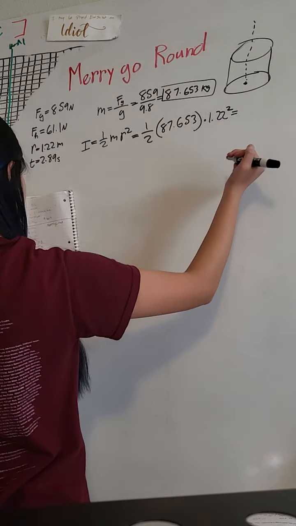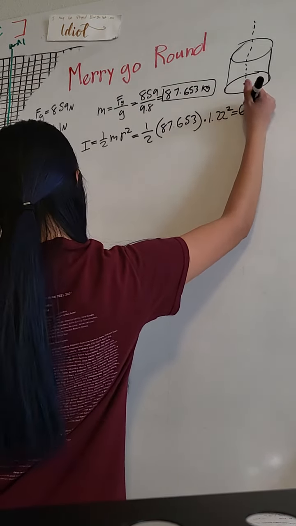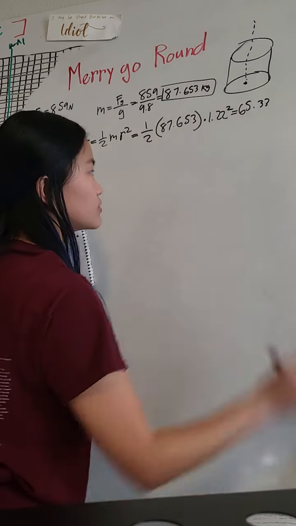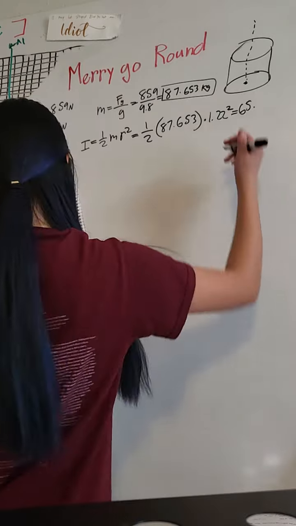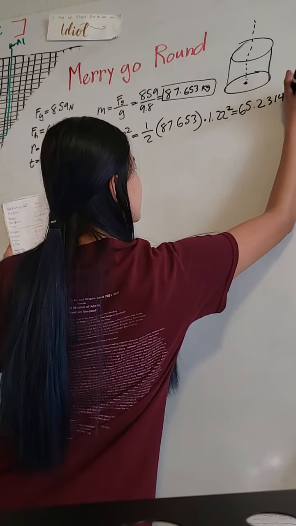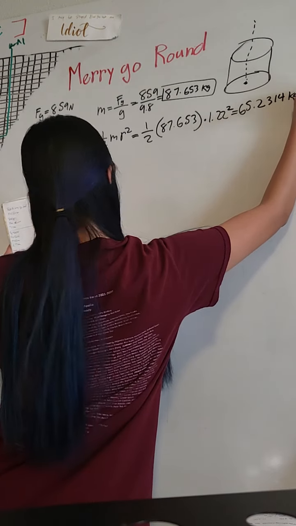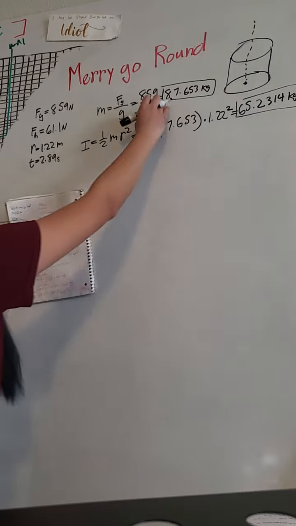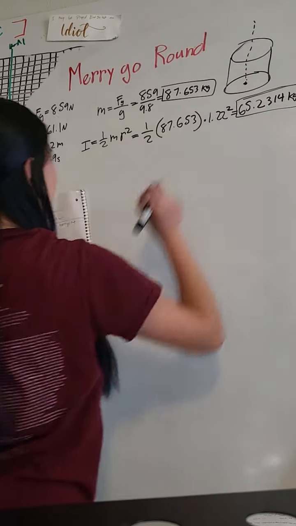That should give us 65.2314 kilograms meters squared. We're going to hold on to that number for now. If you see it boxed, it means hold on to that number for now.